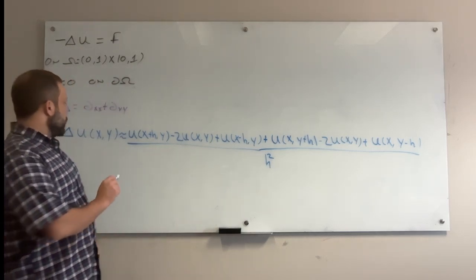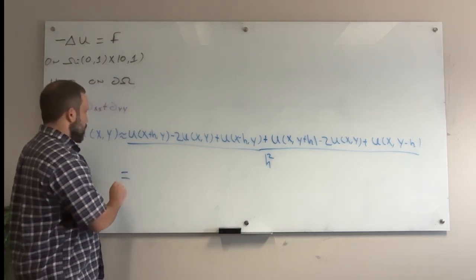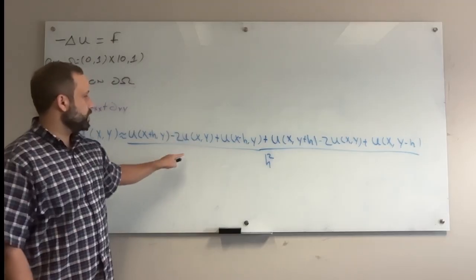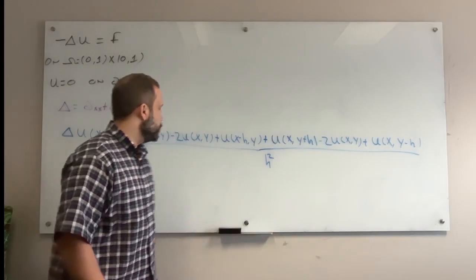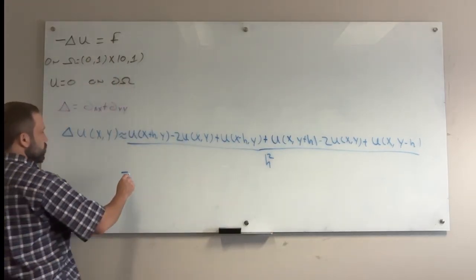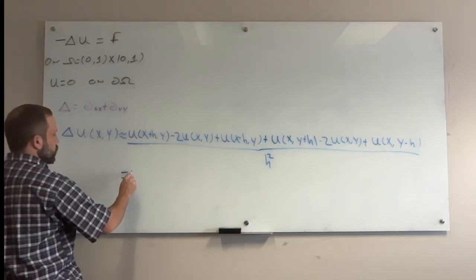But now, look, we can simplify this a little bit. We have minus 2 u(x, y) here and minus 2 u(x, y) there. And so we can combine those into one term.